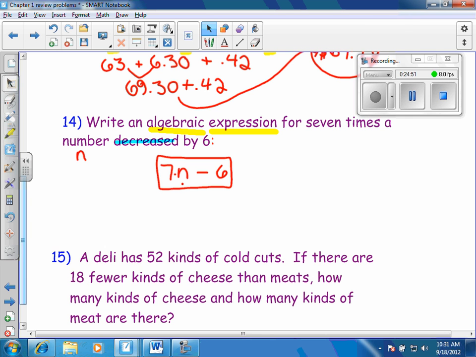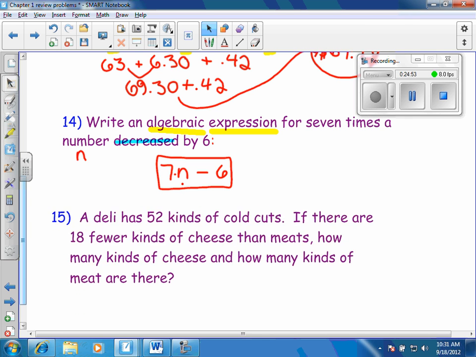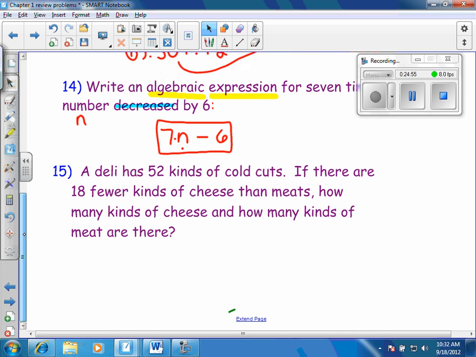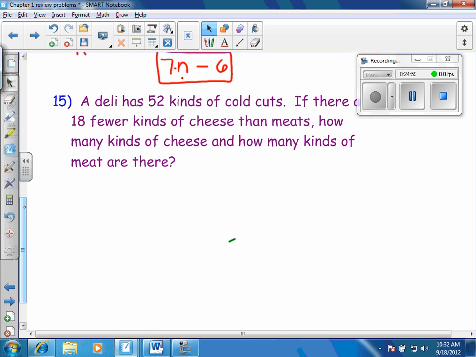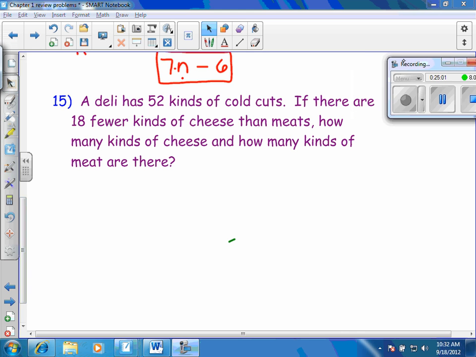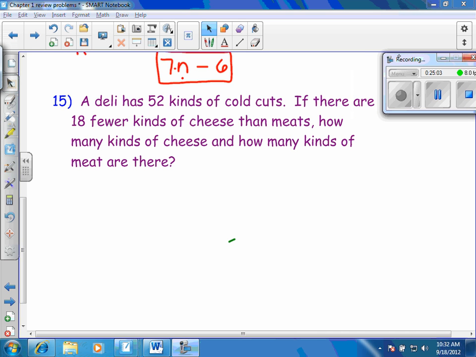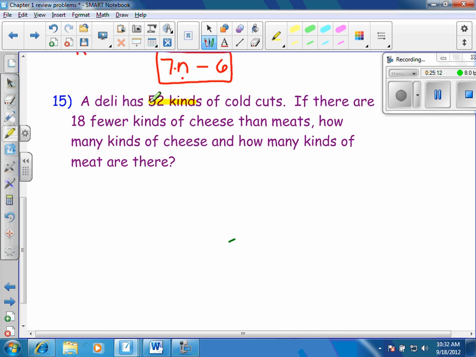Okay, let's go to this last problem. Take a little bit of time to read the last problem. So a deli has 52 kinds of cold cuts. So when you read a word problem, you might want to highlight important things. 52 types of cold cuts.